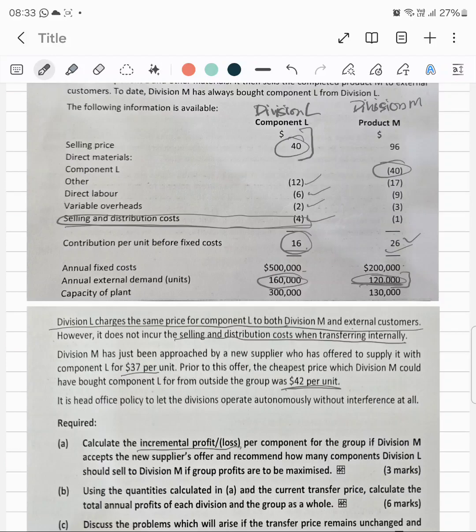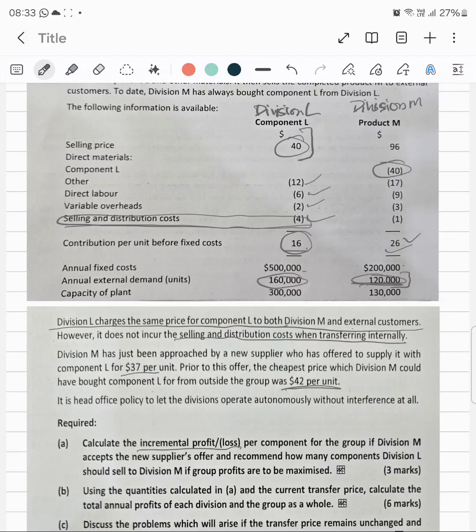So over here it mentions that selling and distribution costs for transferring internally were not included. So if it is not included, your variable cost is only 20.